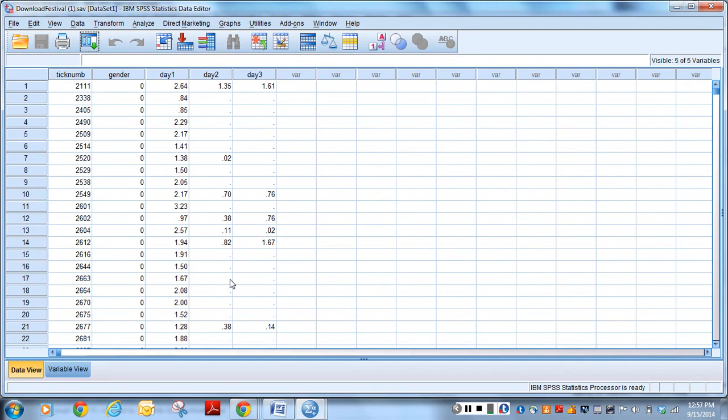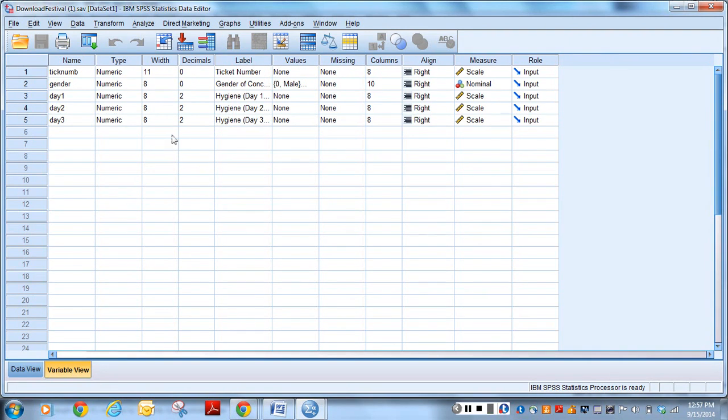So here is our data that I pulled up. Here are our different variables: gender, day 1, day 2, and day 3. So we're looking at people's hygiene during these days. And let's look at variable view. This will give us a better idea of what these variables are.